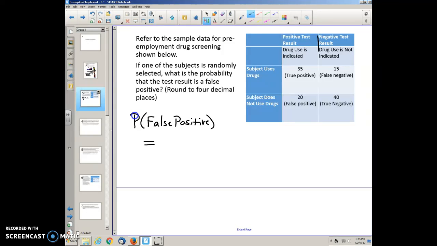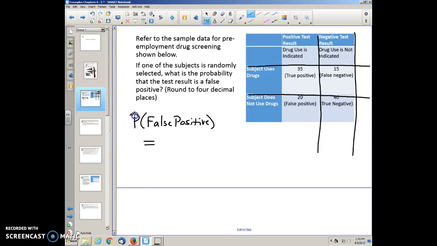So one thing we do is we add information to our columns and our rows. We add totals. So let's add across: 35 and 15, that's 50. That's saying 50 subjects use drugs. 20 and 40 is 60. 60 subjects do not use drugs. That's a total of 110.